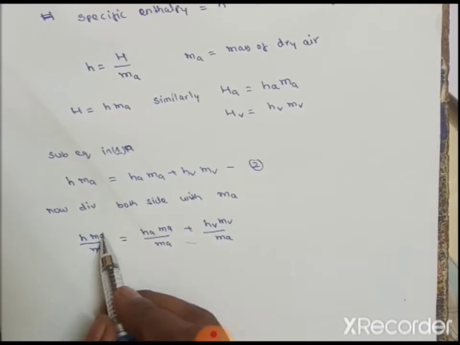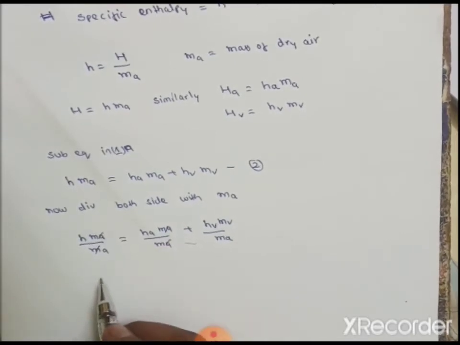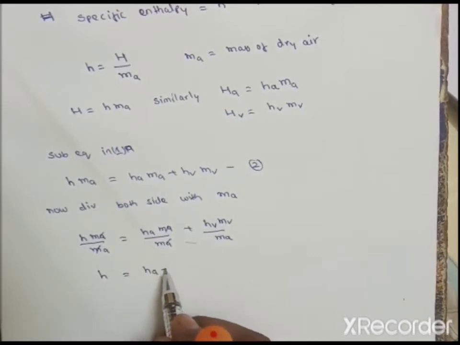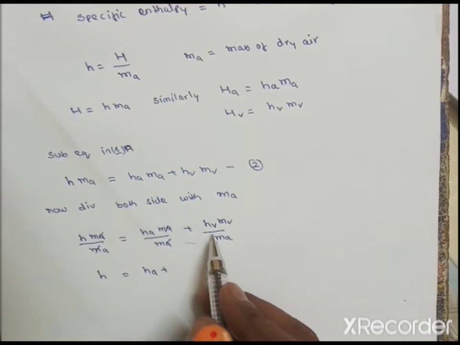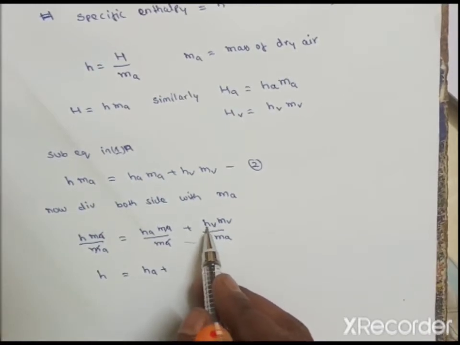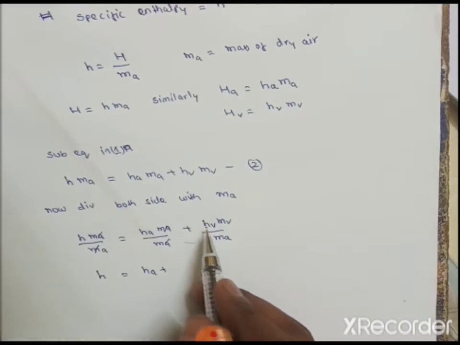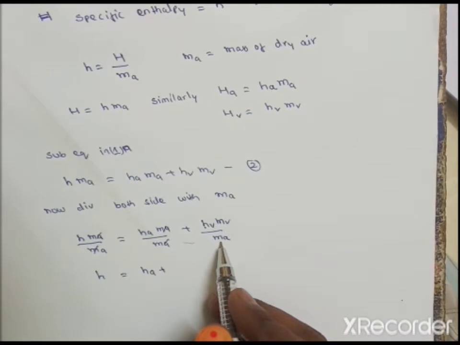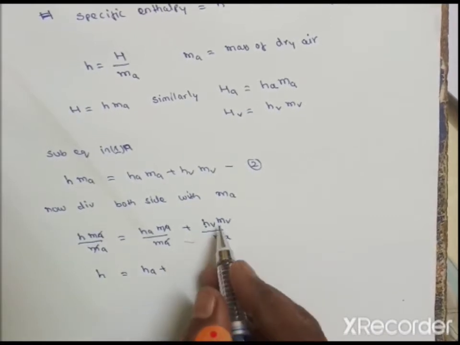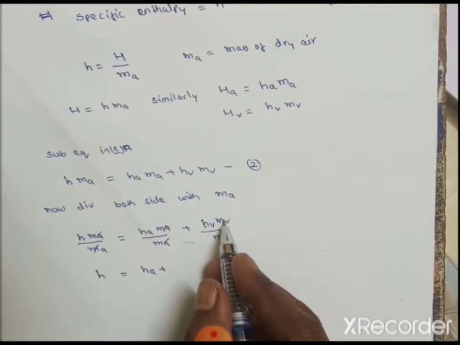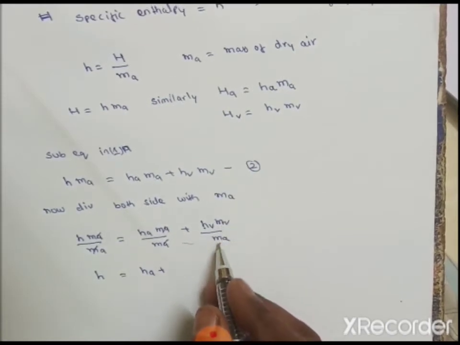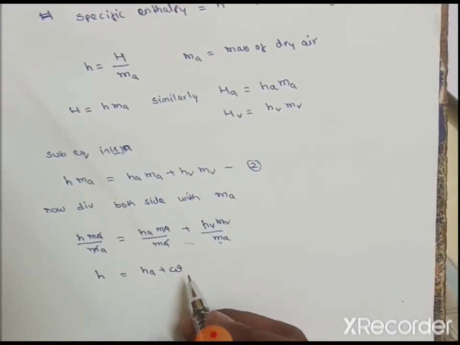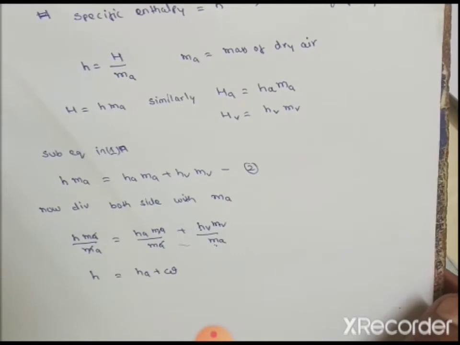Now cancel this ma and ma. So the remaining values are h is equal to ha plus hv times mv divided by ma. Here hv is the enthalpy of the water vapor, mv is the mass of the water vapor, and ma is the mass of the dry air. The ratio of the mass of the water vapor to the mass of the dry air is the specific humidity or humidity ratio.